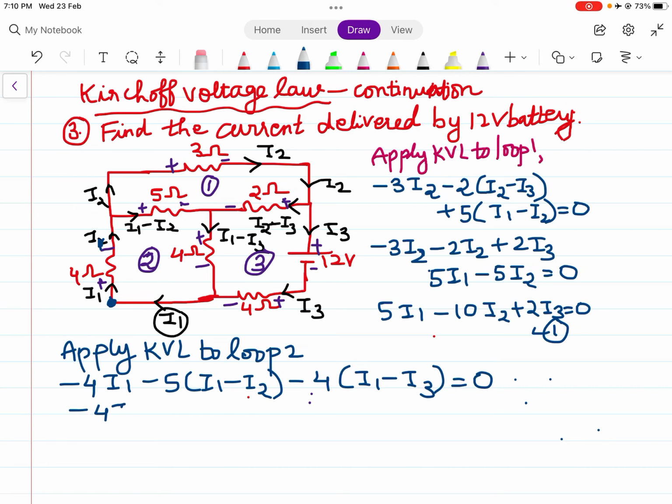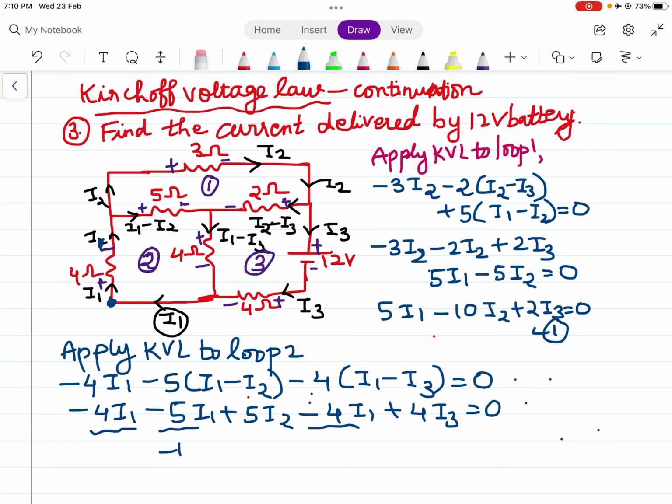So minus 4 I1 minus 5 I1 plus 5 I2 minus 4I1 plus 4I3 equal to 0. So this is minus 13I1 plus 5I2 plus 4I3 equal to 0. Equation number 2.